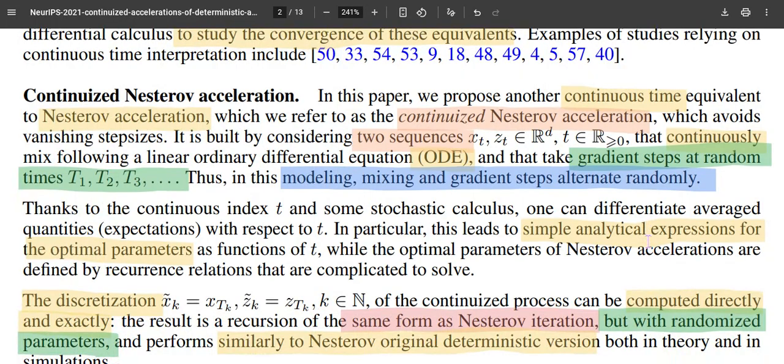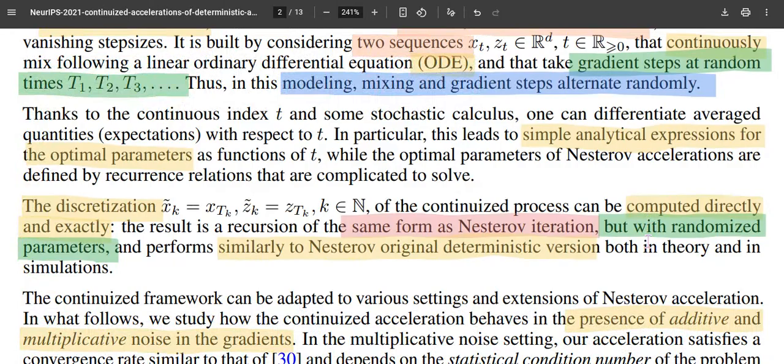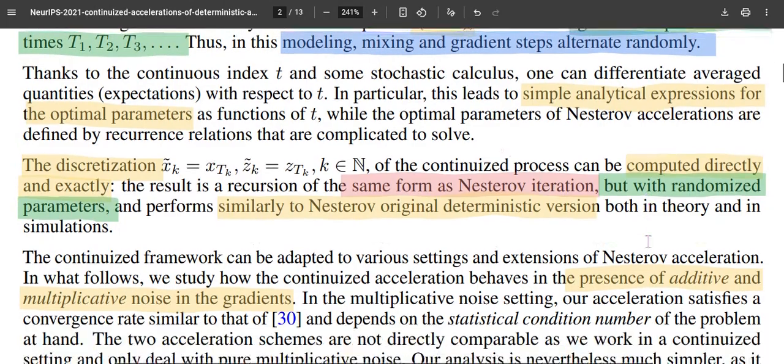We all know that one of the reasons for the success of optimization methods for deep learning is stochastic optimization, which helps us to escape from local minima. But it does not stop here. When we discretize the continuous version of the mixing steps, it ends up with exactly the same form as the algebraic Nesterov acceleration techniques, which are discrete.